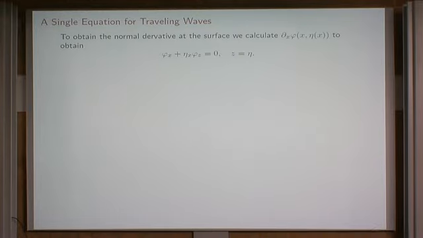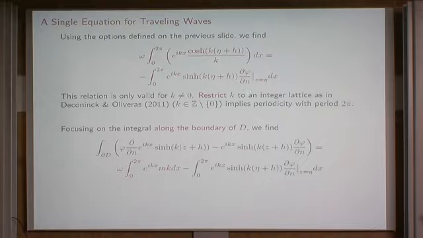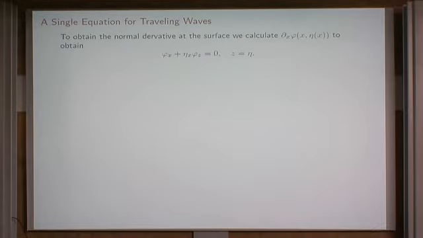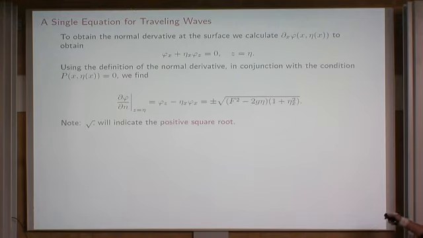So the only thing that's left is if we can write this nicely, maybe we could get a single equation solely for eta that we could solve numerically using some sort of Newton's method. Well, if we go back to obtain the normal derivative at the surface, we can simply use the following information. The normal derivative is simply the tangential derivative for the velocity potential formulation, but that's not quite the same here.